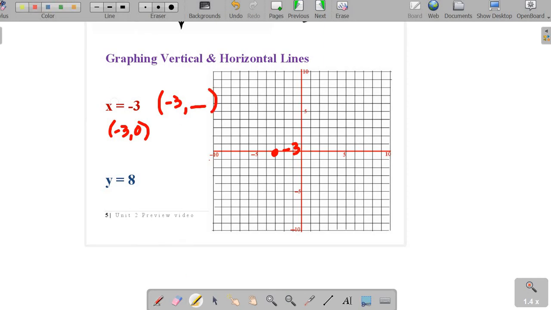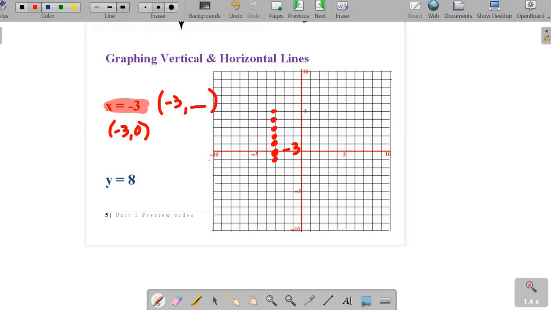So x equals -3 looks like this: (-3, 0), (-3, 1), (-3, 2), (-3, 3), (-3, 4), (-3, 5), (-3, -1).